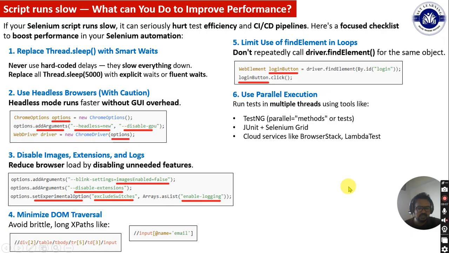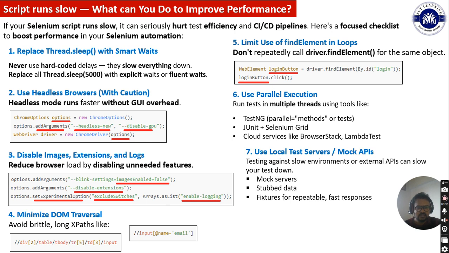You can also use Selenium Grid with JUnit, where you have a node and client, a kind of server-client configuration. You can also avail cloud services like BrowserStack or LambdaTest, based on your organization policy, for parallel execution of your test cases. That will also save time and show much improved performance in terms of efficiency.